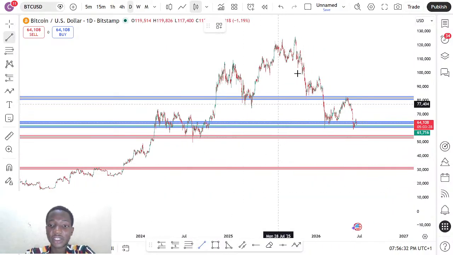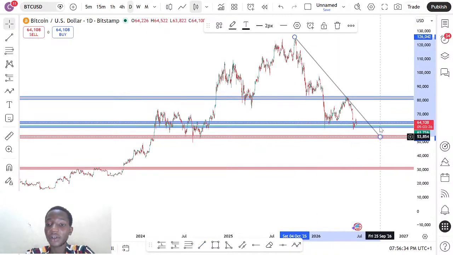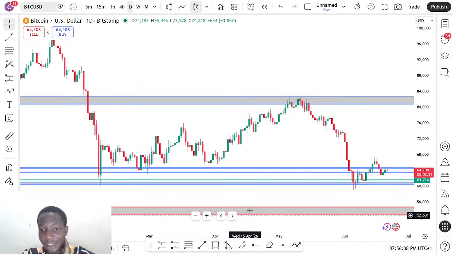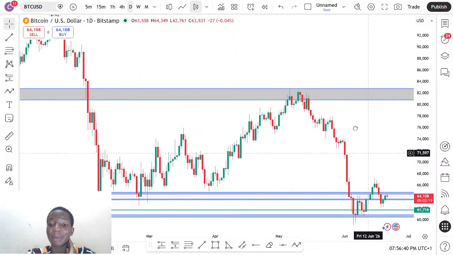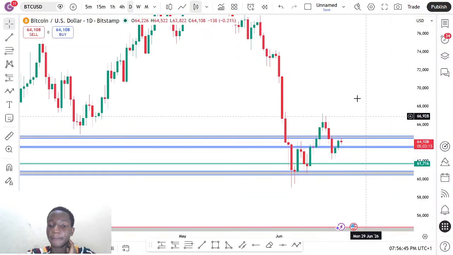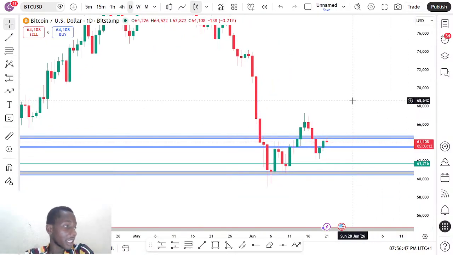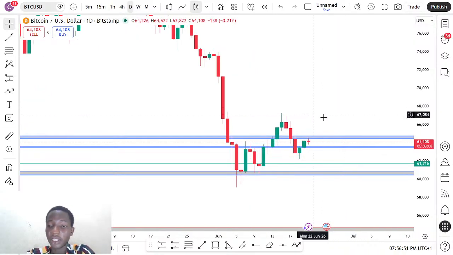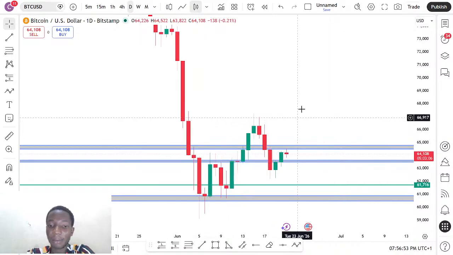As you can see, it has been coming down for a long time like this now. What I expect from the market this time around is to read the market structure, the current move of the market, which I'm trying to check now.